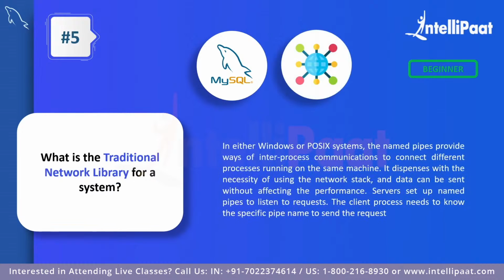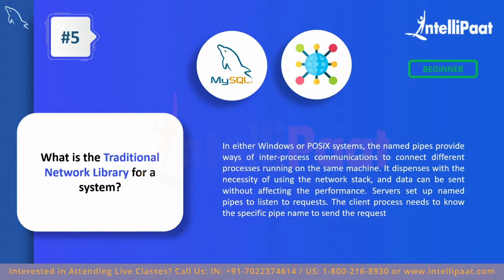What is the traditional network library for a system? So Windows or POSIX systems use pipes to provide ways of inter-process communication to connect different processes that are running at the same time on the same machine. What the traditional network library does for us is that it eliminates the necessity of using the system's network stack, and data can be sent without affecting the performance of the system.